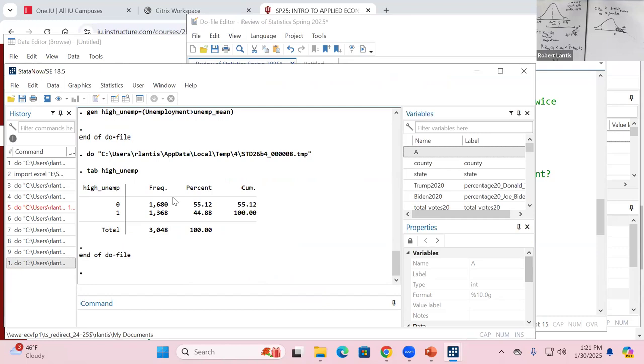So what percent of the observations or the counties have below the average unemployment? 55%, right? So part of what we're going to be doing in this class is running the code to get some Stata output, but you still have to be able to interpret this, right? You can't just give your employer a bunch of code and they're like, well, I don't know what these numbers mean, right? So that's one way of doing it.